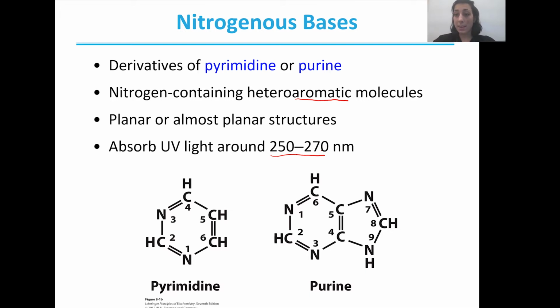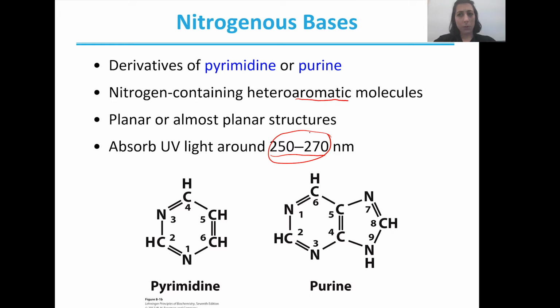And one of the main things that is utilized as a source of quantitative data is using UV spectroscopy to measure how much of a biomolecule is present.